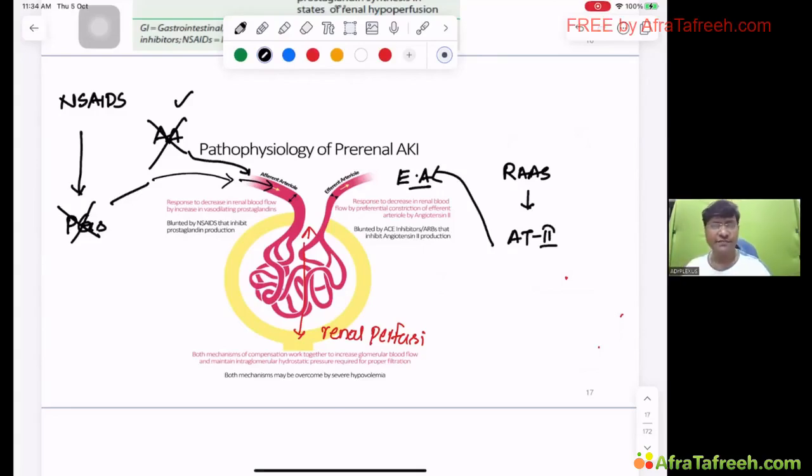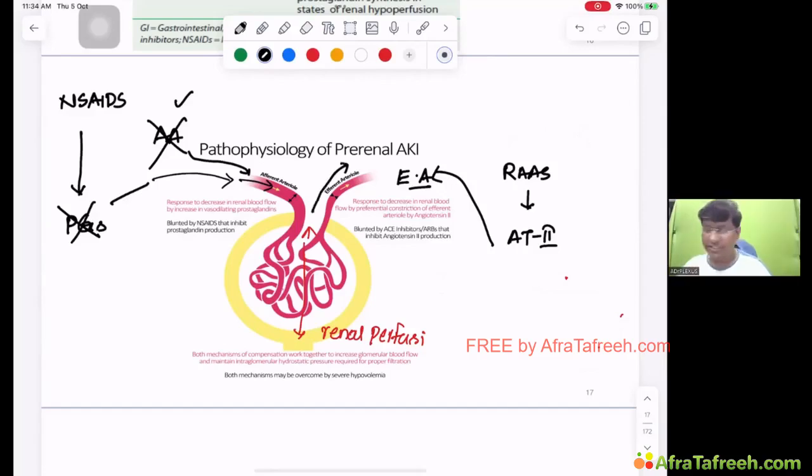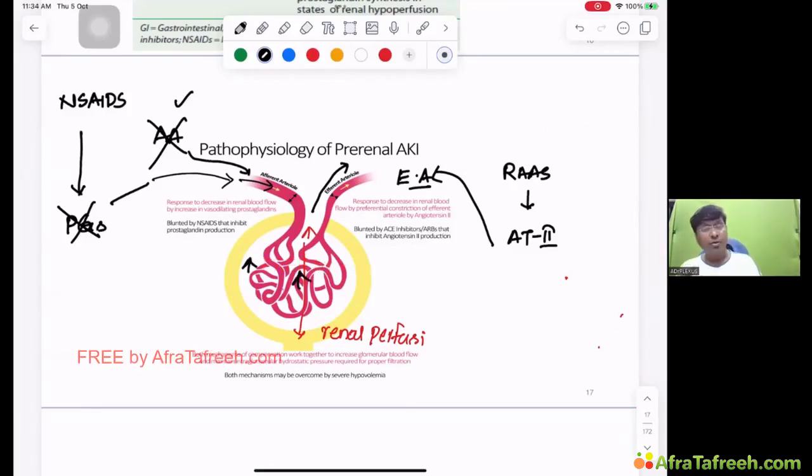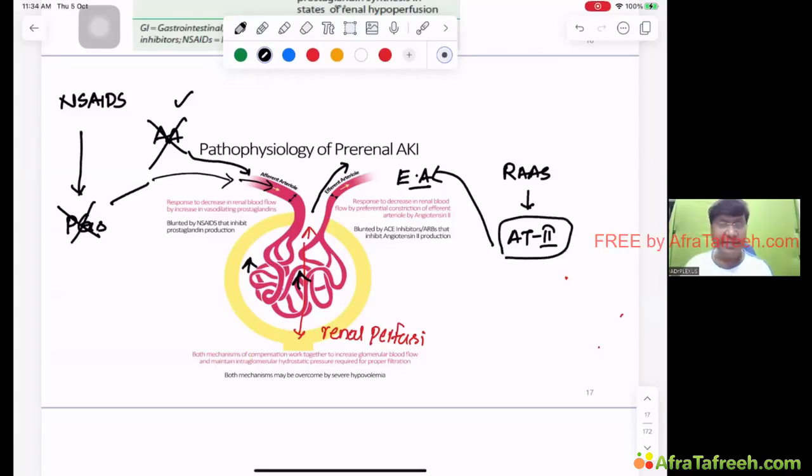Thereby, what will happen to the movement of fluid from the glomerulus to the efferent arteriole? That will be reduced because the efferent arteriole is constricted. Thereby glomerular pressure increases and glomerular perfusion also increases. The blood from the glomerulus will not enter into the efferent arteriole easily.